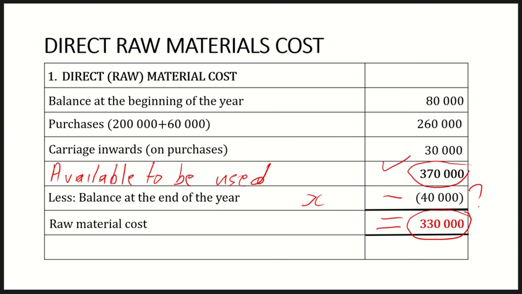Those are just raw materials that are available to be used. But we didn't use all of them. We only used 330. Only 330 worth of raw materials were taken to production, not the 370 that was available to be used. Are we good? Yes, we're good.